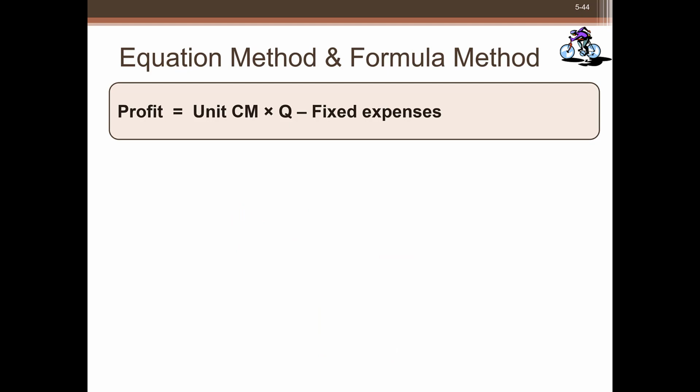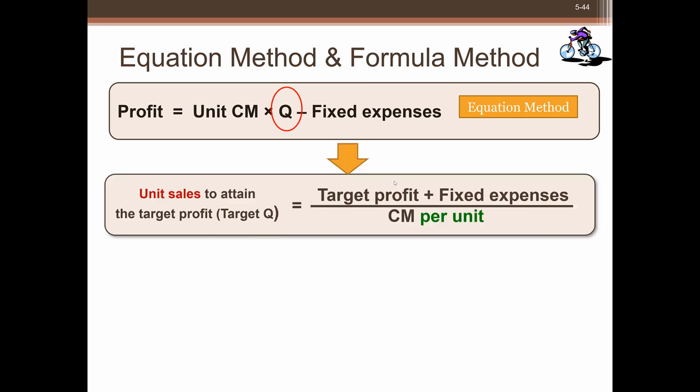For equation method, this is the equation. Profit equals unit contribution margin multiplied by Q. Here Q is a quantity sold, minus the fixed expenses, and we can solve Q from this equation. Or we can use formula method. We transform this equation.